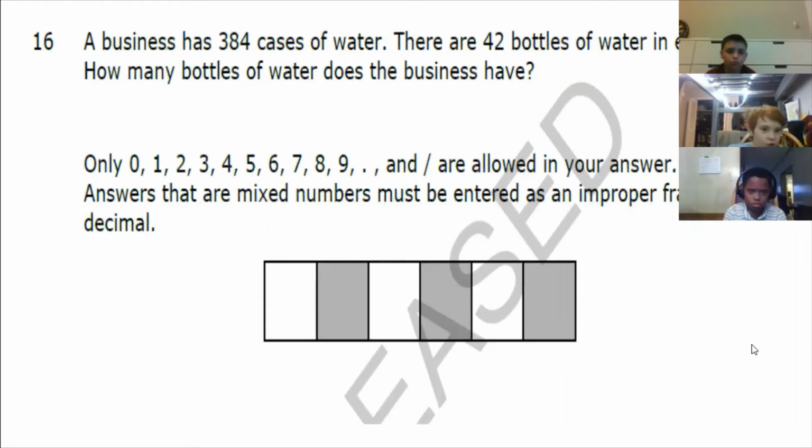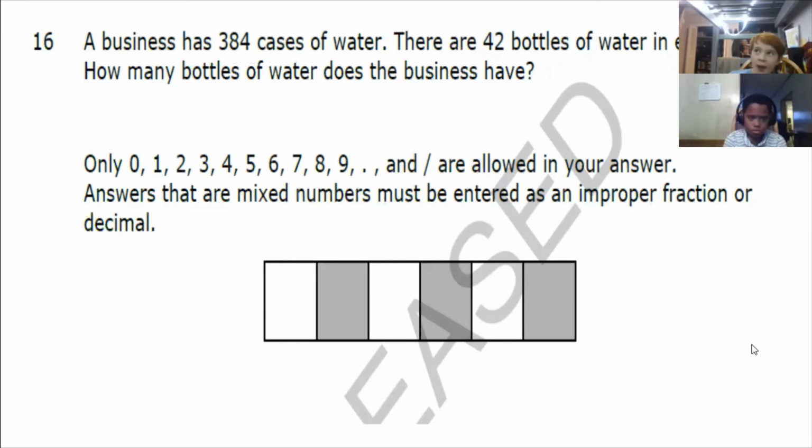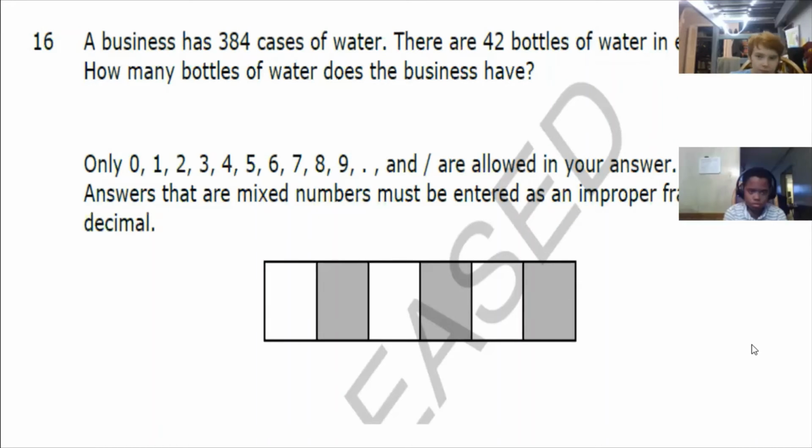Okay, and then I answered number 3 and 4. Number 3 was how many different ways to solve. I think there were 2 ways to solve it.